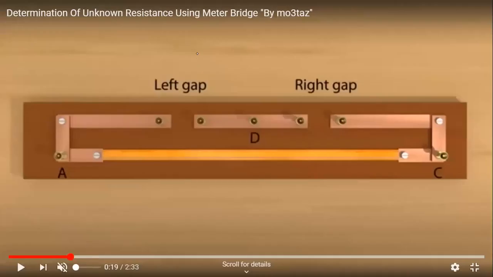So this is a meter bridge. A meter bridge consists of three thick metallic strips, arranged on a wooden board to form two gaps.